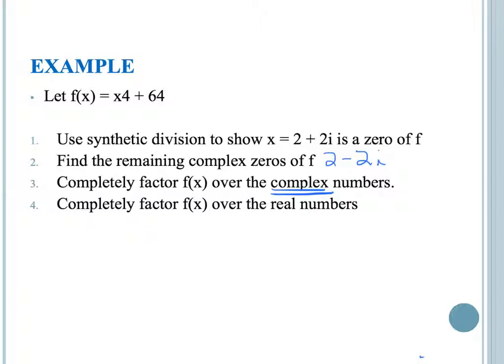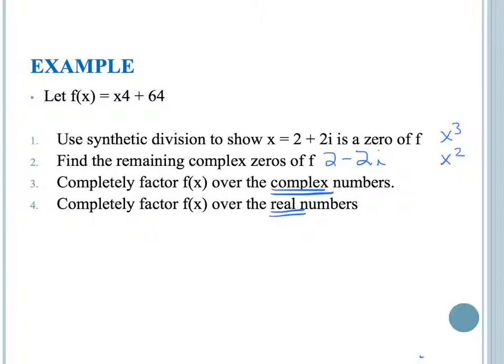We would go from a 4th degree to x to the 3rd, and then to x squared. Once we have a quadratic, we could factor using factoring or the quadratic formula to figure out getting the reals.